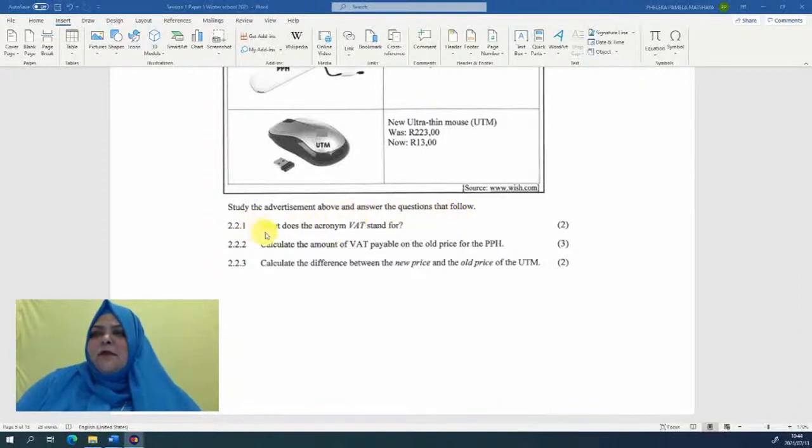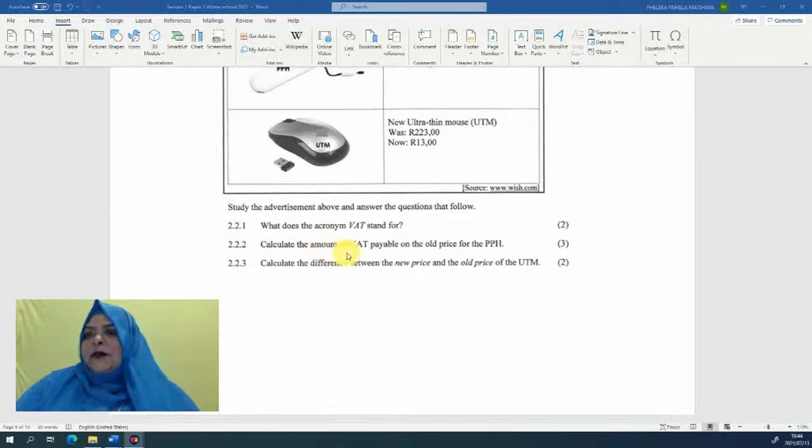Number 2.2.1. What does the acronym VAT stand for? All hands up. Everyone knows that, obviously. Very common question, very easy to understand.